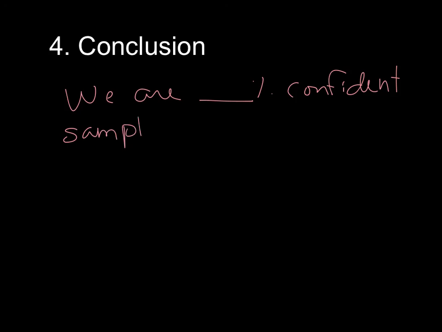All right, final slide here is just your conclusion slide. Again, this isn't going to change, so we are blank percent confident that based on samples of size n, blah, blah, blah, proceed with caution, whatever we need to do.